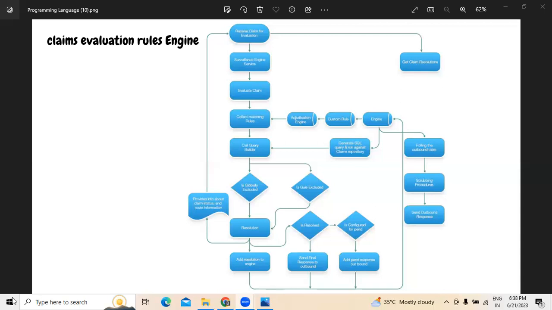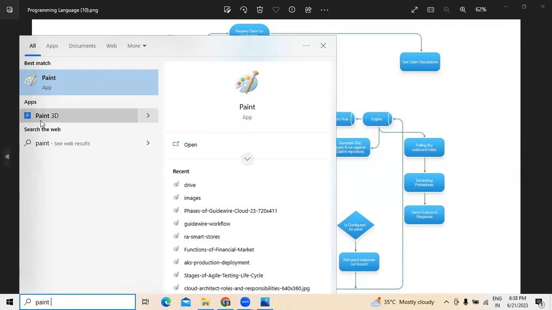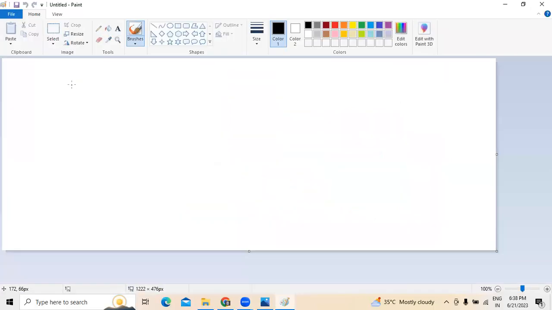Let me do it on paint so that you can understand better. Normally there are 4 different roles we can see in healthcare. As a BA, we should know what those roles are, what each entity is all about, and what they are going to do. That's what we are going to discuss first.